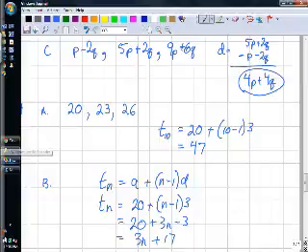And they're just counting down from there. -2, -3, -4. So what's the common difference? Common difference is -1 root 5. Maybe to help you think about that, you think about this as -2x, -3x, -4x. What's the common difference there? -1x. Okay? That might help you think it through.